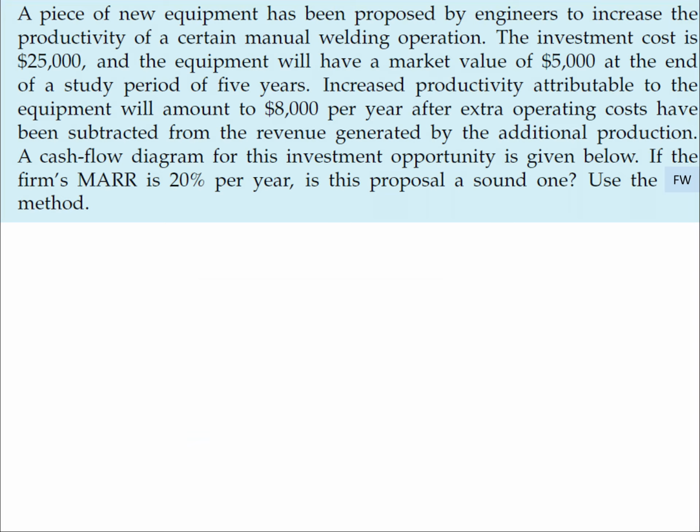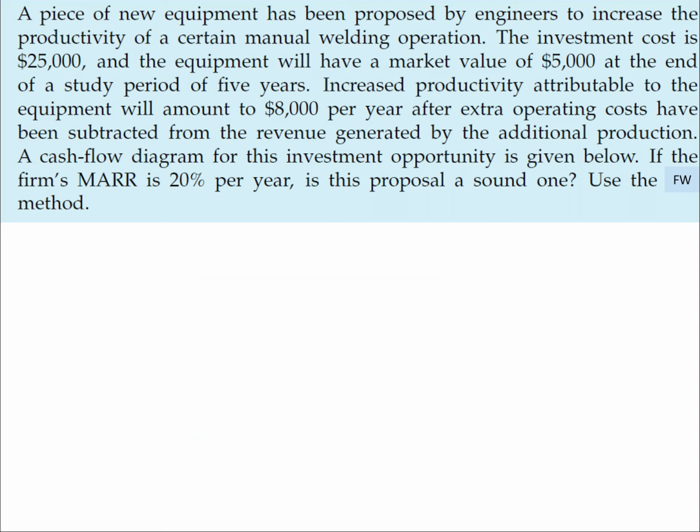Okay, and then after 5 years, you're going to sell it to the market, and you can get 5,000 from that salvage. Okay, so somebody will buy this equipment as a second-hand equipment, and they will pay you 5,000. That's it. So that's one receiving you can get at the end of the 5 year.